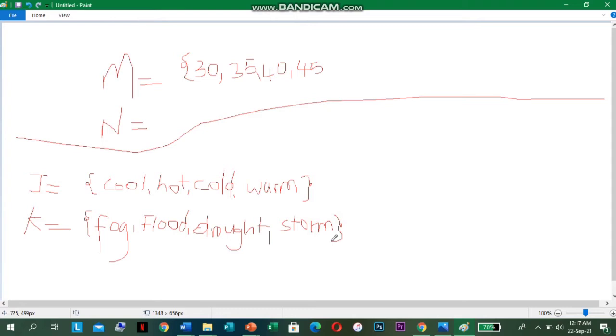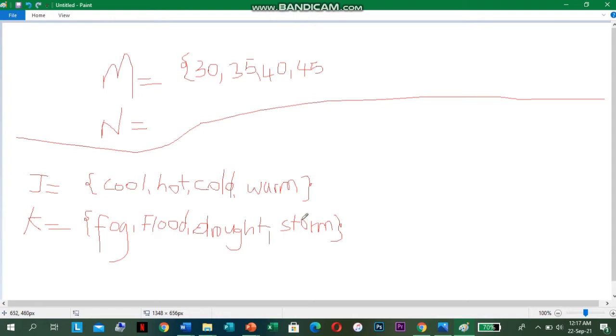All right, nothing. So in set J, we have cool, we don't have cool in set K. Hot, we don't have hot in set K. Cold, we don't have cold in set K. Warm, we don't have warm in set K. So we don't have anything in common there. So nothing forms the intersection.